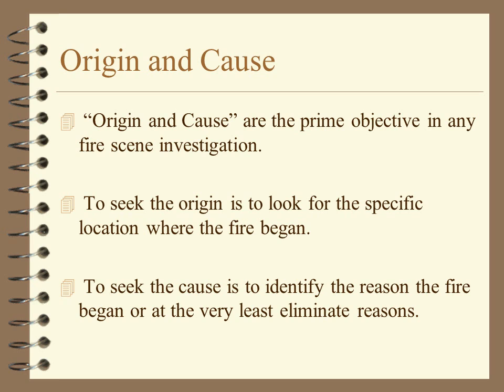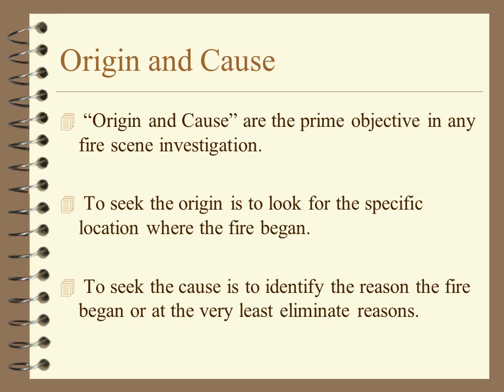As we mentioned earlier, finding the origin and cause are the prime objectives in this fire scene investigation. Again, it goes part and parcel with the Florida Administrative Code. Now, when we're talking about seeking origins, that means we're looking for the specific location where the fire began. To seek the cause is to identify the reason why the fire started.